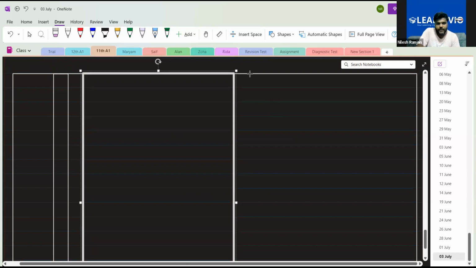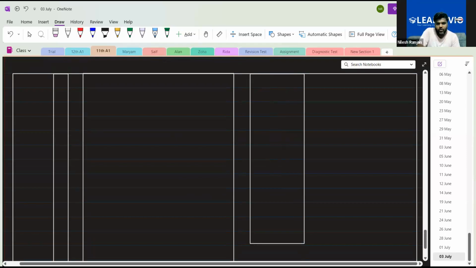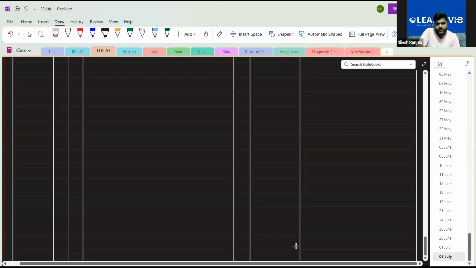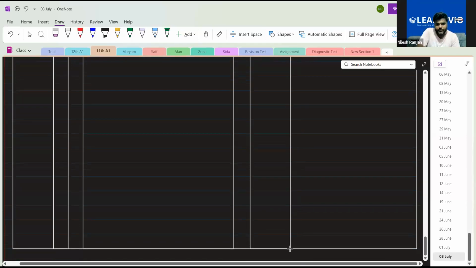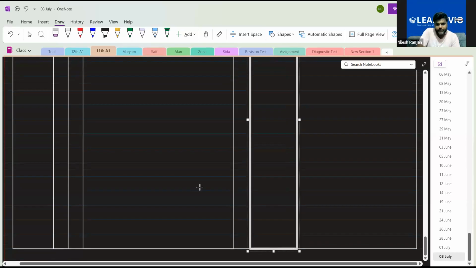Then again one column and the amount. This is amount paid for different expenses.